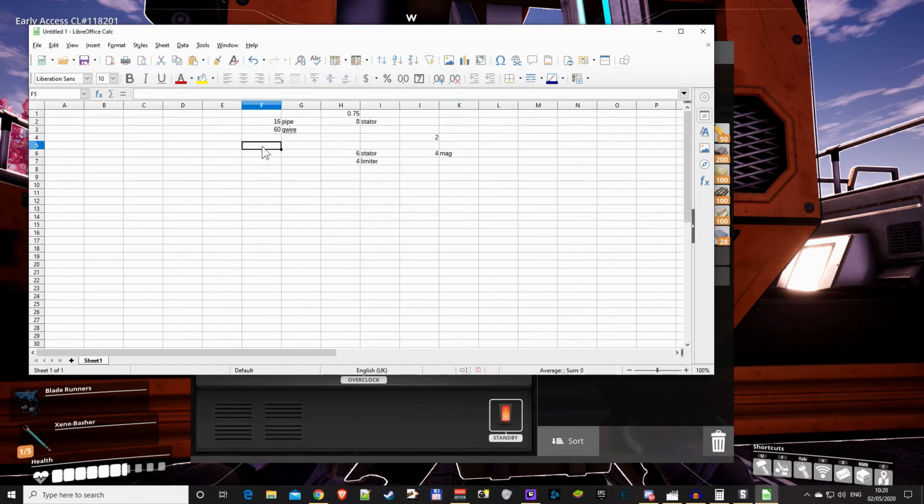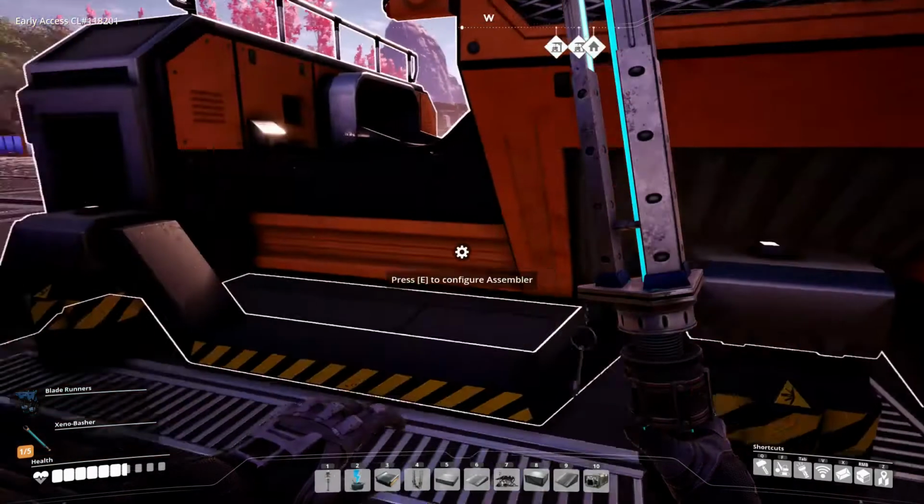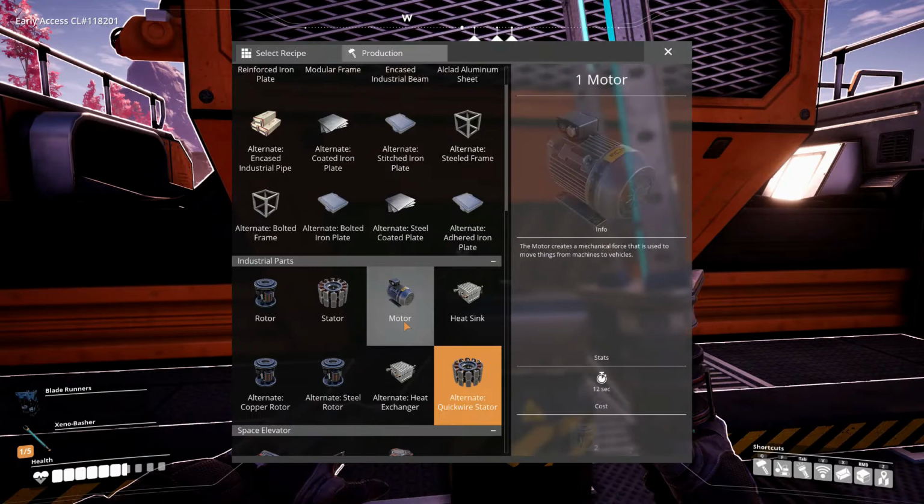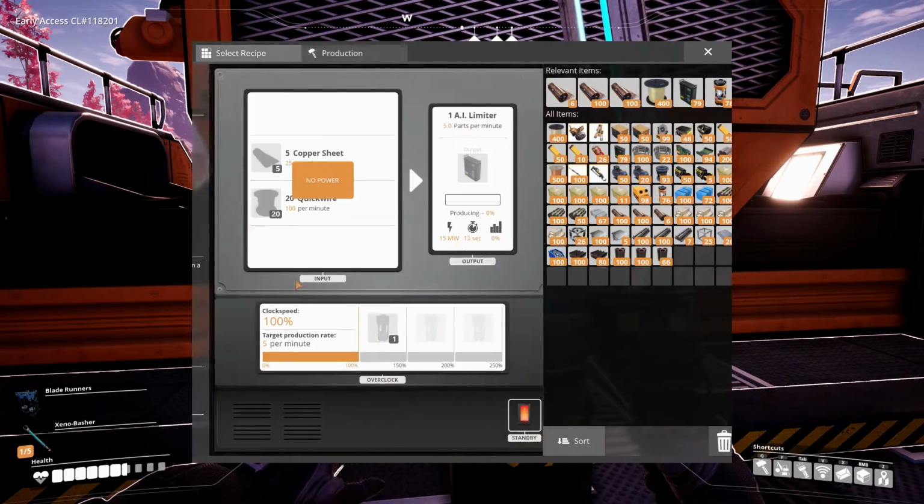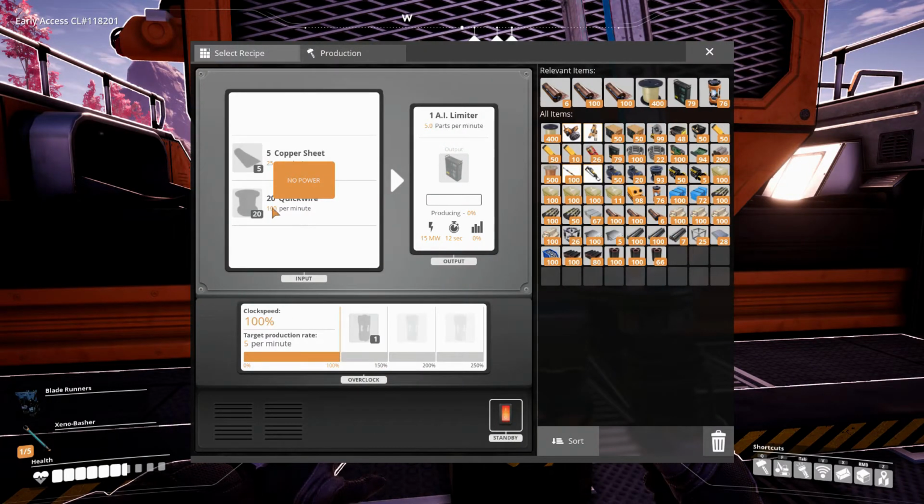Actually I lost the plot where I'm going with this video because I need to go back and try out the numbers, how they actually work. Let's take the other one. Limiters 2500.